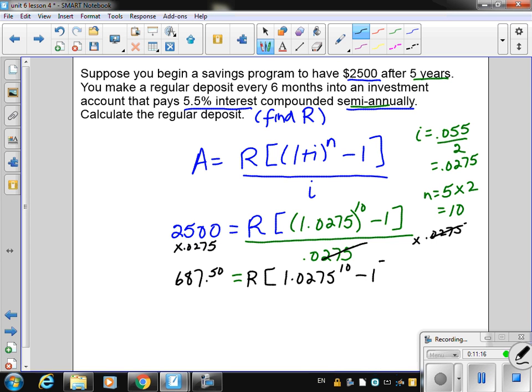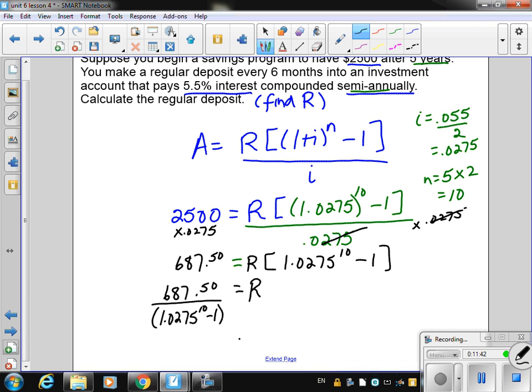You could put that extra set of brackets in if you want. It doesn't matter. Now I want to get R by itself, so I'm going to divide both sides by ugly bracket. So left side will look like 687.50 divided by 1.0275 to the 10 subtract 1. Be careful with your calculator, but we're going to do that division, and make brackets your friends.